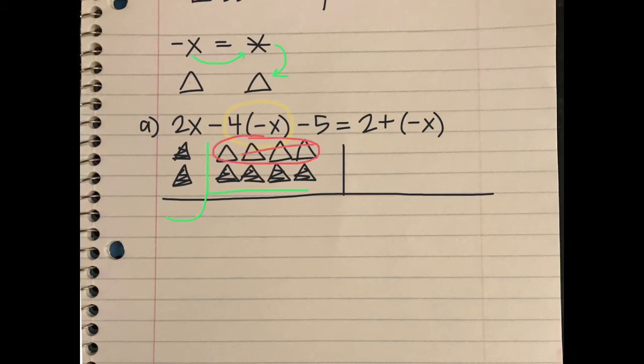We're going to take away our stars because that's what they told us to do. And now we have a situation again where we're supposed to take away 5 that we don't have. So I'm going to bring in a 0 pair again. This time 5 and negative 5, so that I can follow directions and take away 5.